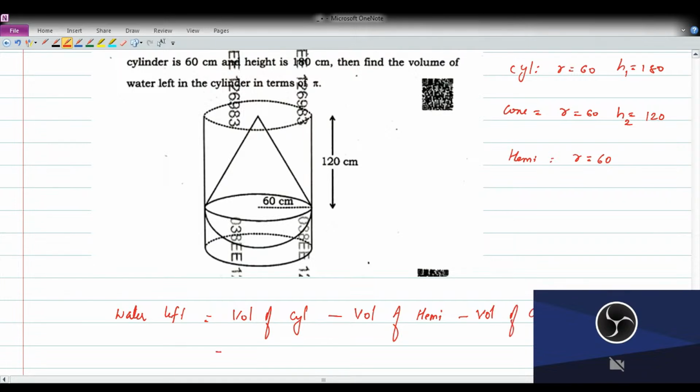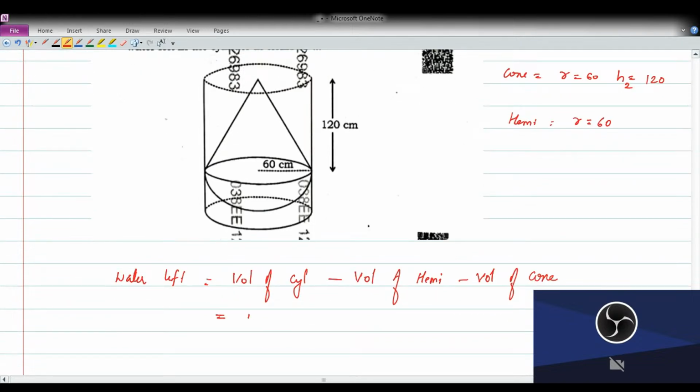Volume of cylinder is pi r square h1, minus volume of hemisphere 2/3 pi r cube, minus volume of cone 1/3 pi r square h2. If I take pi r square as a common factor, I will get h1 minus 2/3 r minus 1/3 h2.